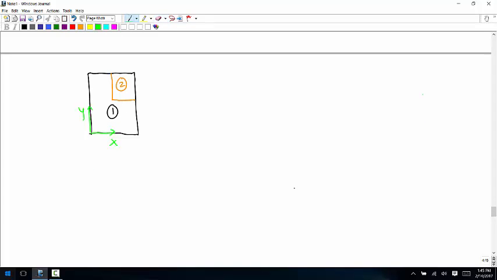Okay, so for rectangle 1, it has a height of 2 and a width of 1, so the area is 2. The centroid x1, y1 is 0.5, 1.